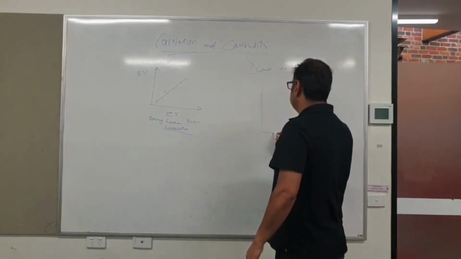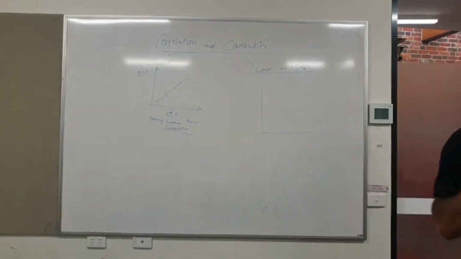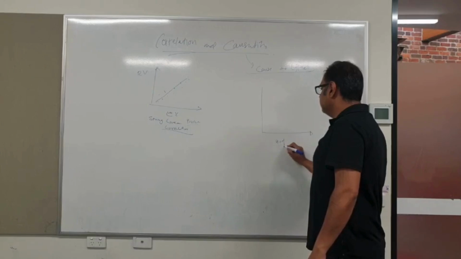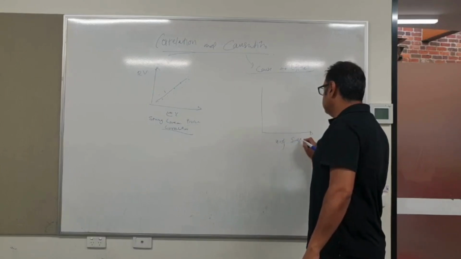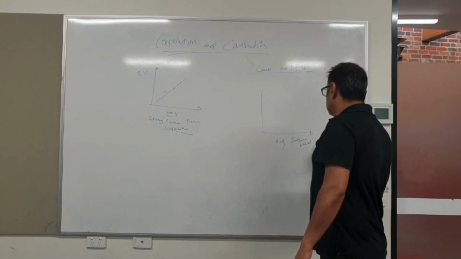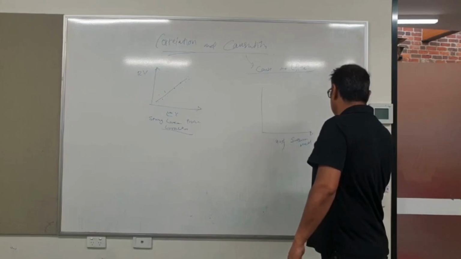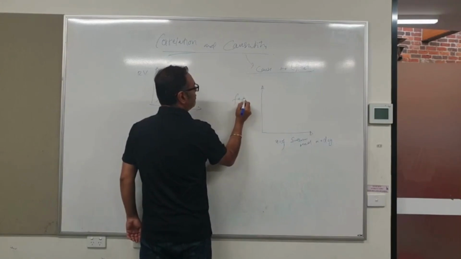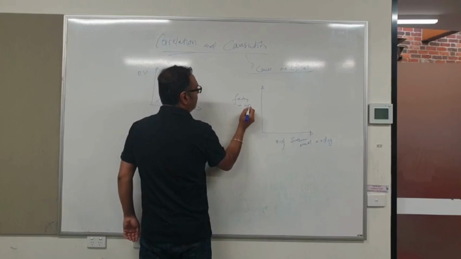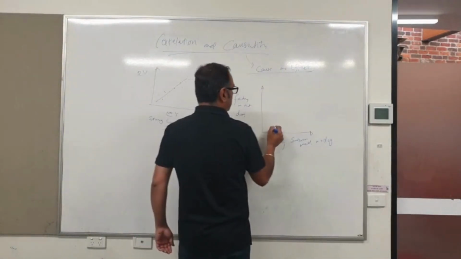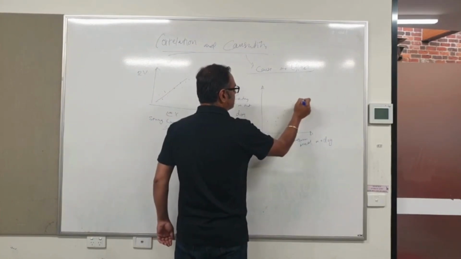Now, if I ask you an example where I draw a scatter plot between the number of sunscreens used on a day and the number of people fainting on that day, I will get this kind of a scatter plot.